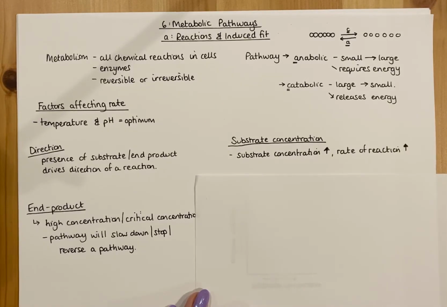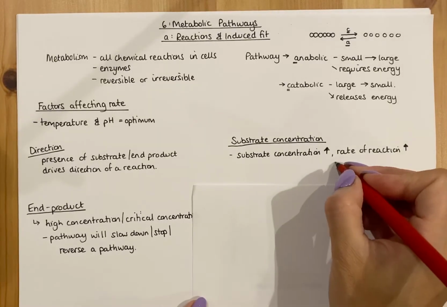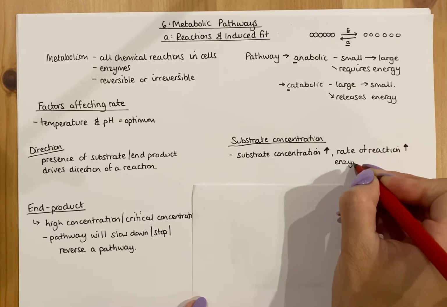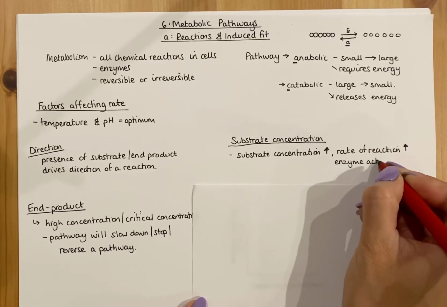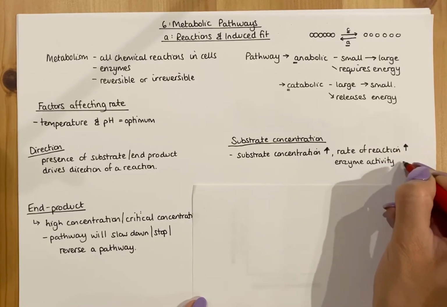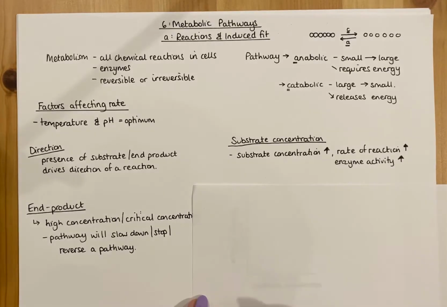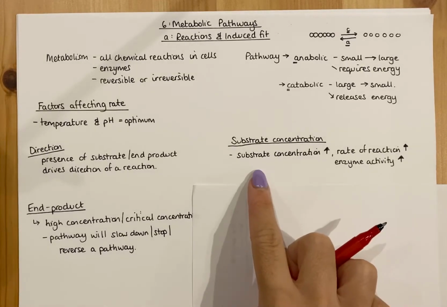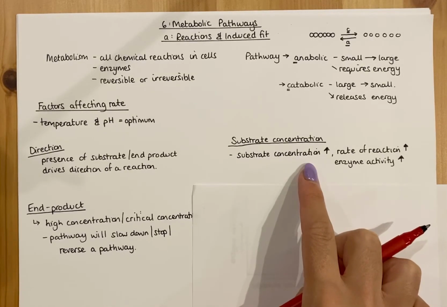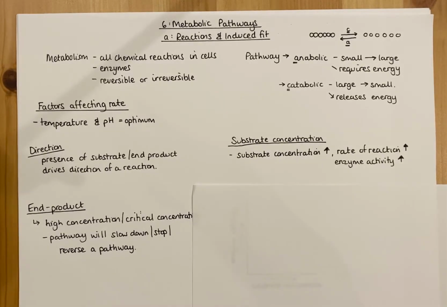So the enzyme activity will be higher or greater. Again, back to your National 5 knowledge, the reason why that is because the active sites of an enzyme are coming into contact with the substrate and they're reacting. So generally that would be the case, substrate concentration increases and then enzyme activity will also increase.